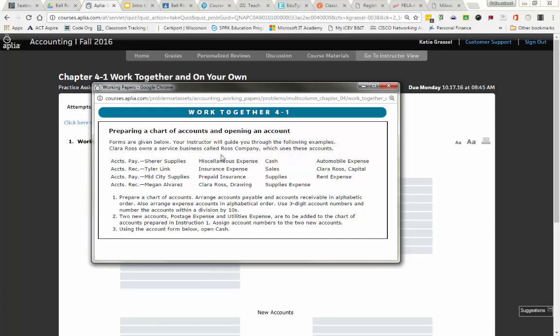Which one is the easiest to get money out of? Accounts receivable, customers giving us money. So I have 2 accounts receivable. Do you see them up there? I have accounts receivable Tyler Link, and I have accounts receivable Megan Alvarez. Who comes first, Tyler Link or Megan Alvarez?